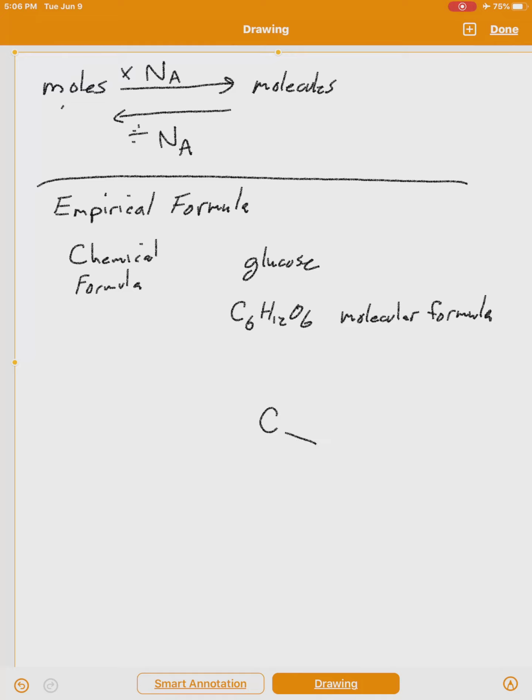Okay? Now, we could represent that in different ways. Here's one way to represent it. We could represent it with a picture or a diagram which shows the bonding that takes place in this glucose molecule.